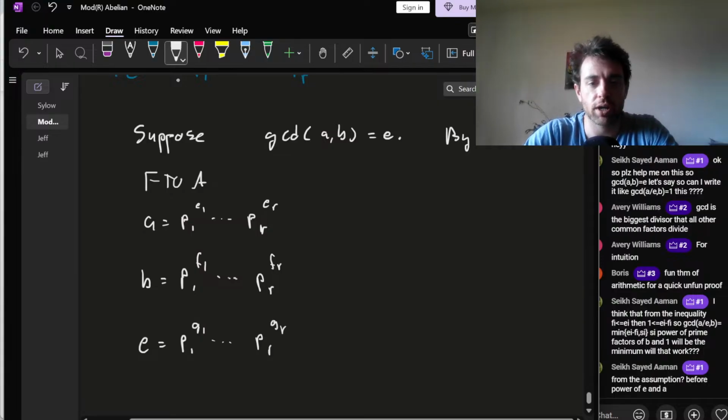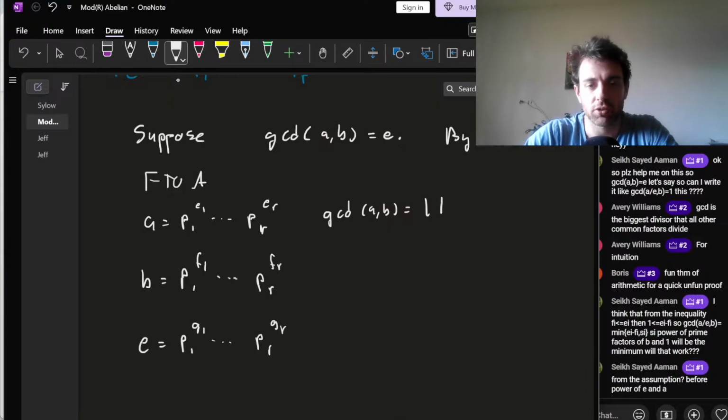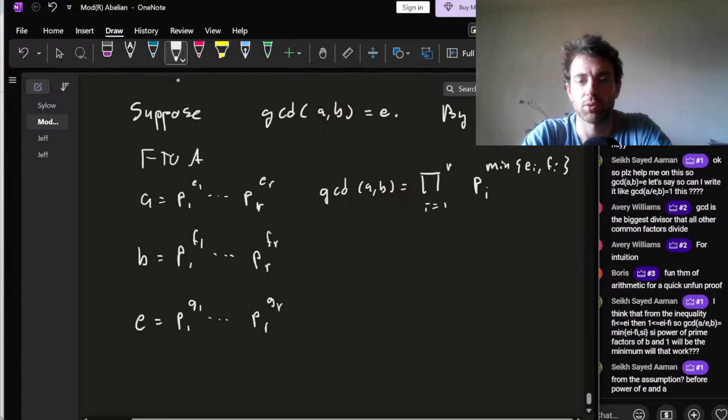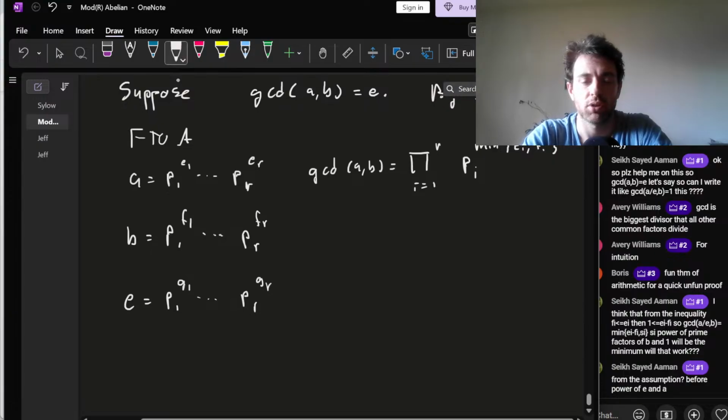And then you are correct that the GCD of A and B will then be the product from I equals 1 to R of Pi to the minimum of Ei and Fi. So I think perhaps that's what you mean. Yeah, so that's certainly the case.